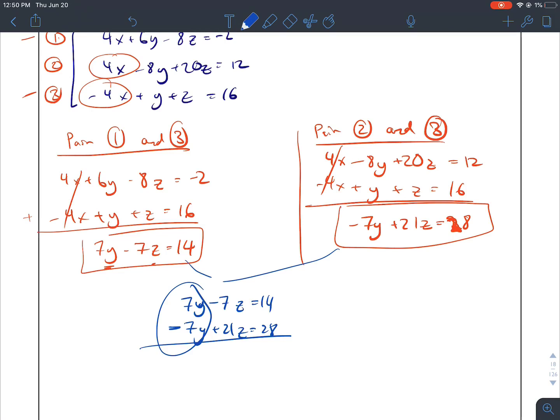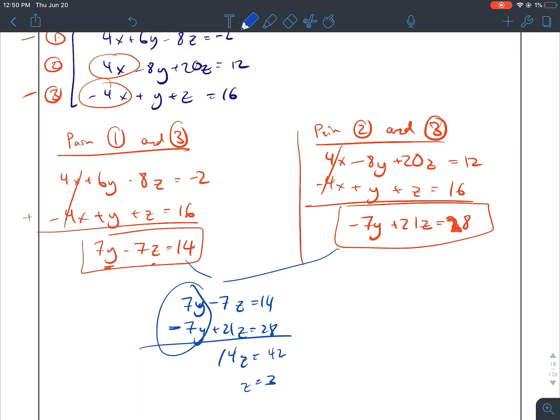Oh no, my pen just died. I'm not going to be able to finish recording this problem. Let's see. 7y and negative 7y cancel out. This gives us 14z equals 42, and then we get z equals 3, and we plug in to get the rest.